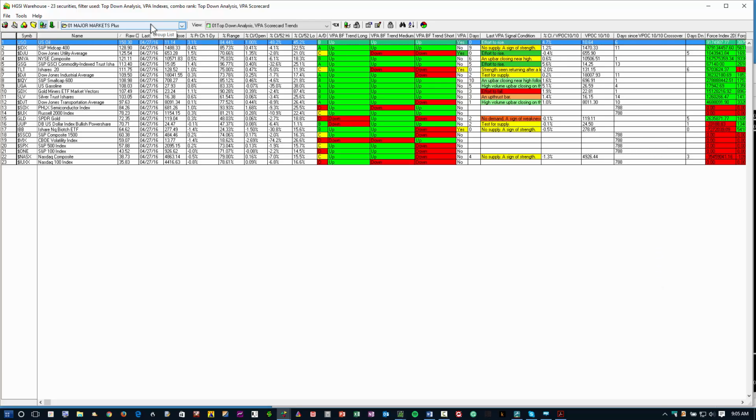Now notice that I'm in my Major Markets Plus folder here. This is my standard view, and I've just added a few fields.